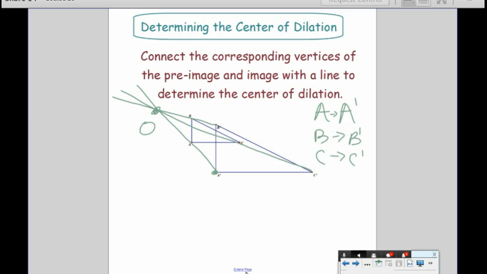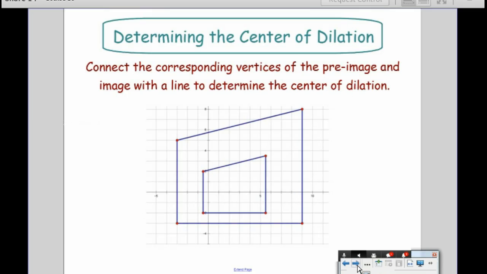So let me show you another example. Even though one shape is inside the other, that doesn't change my method. I still connect the corresponding vertices, the vertices that go together. Oh, that's going to be a bad line. Connect. Connect. Connect. Connect.